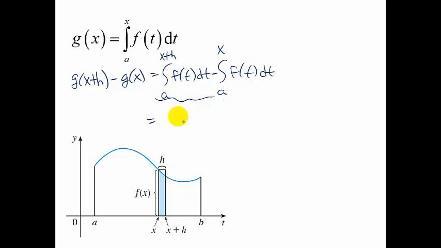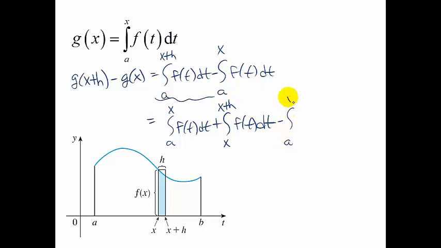So we're going to replace this with the integral from a to x of f of t dt plus the integral from x to x plus h of f of t dt, and then we still have this minus this integral on the end, a to x of f of t dt.